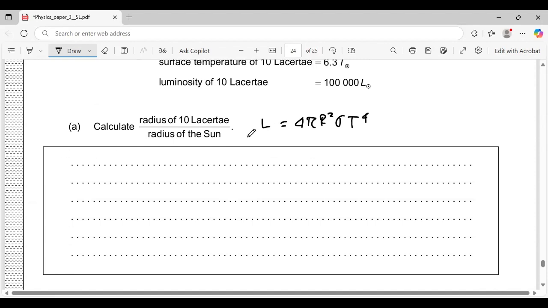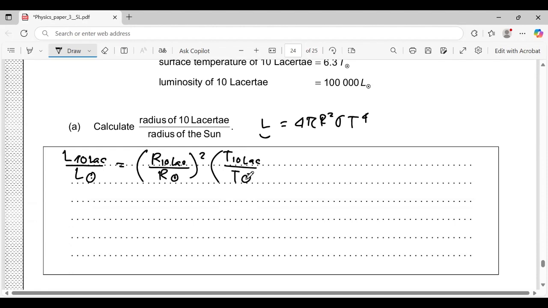And because it's a comparison, I would like to write the comparison as L of 10 letter T over L of the sun equals R of 10 letter T over R of the sun squared, times temperature of 10 letter T over temperature of the sun, to the power 4.